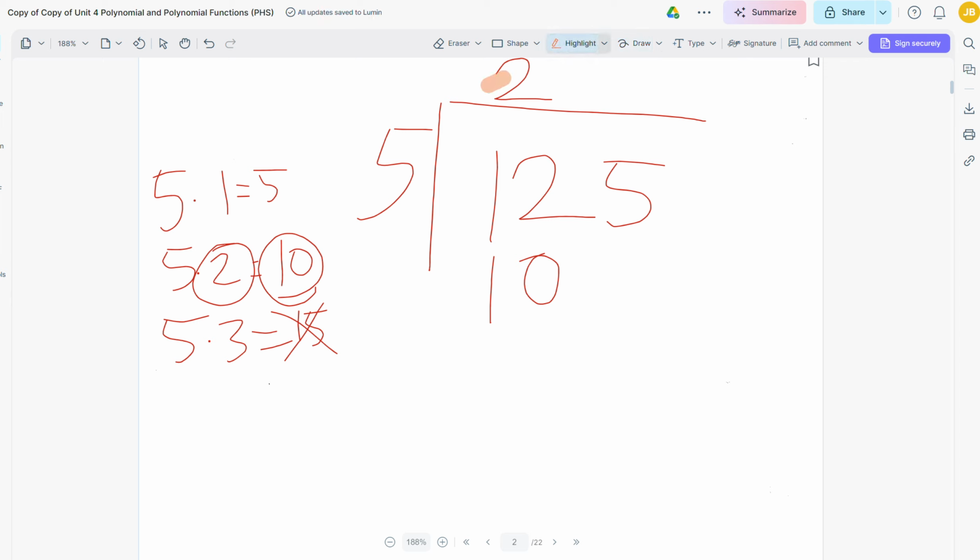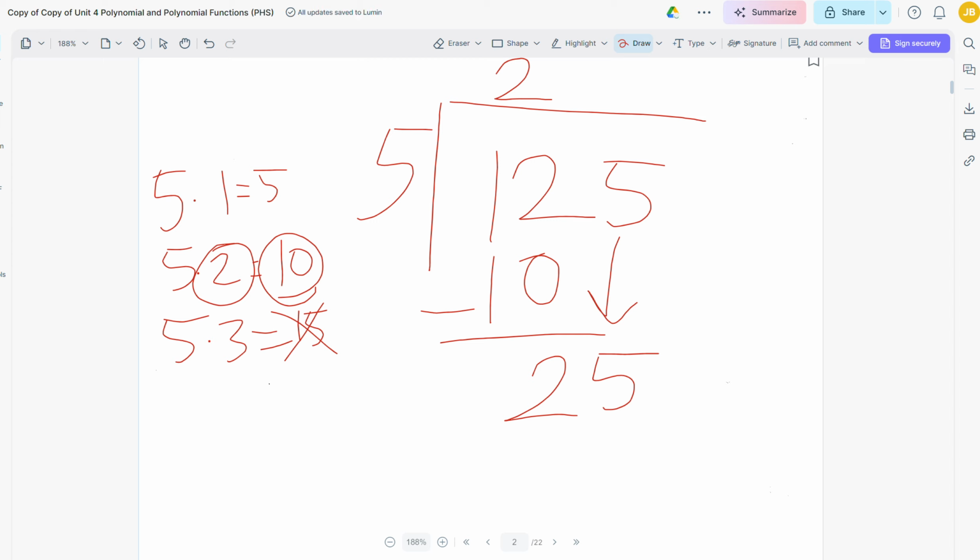Again, 5 times 2 is 10. Then you have to remember you're going to subtract these values. 12 minus 10 gives us a result of 2, and then you carry down the last digit that we did not use, the 5.